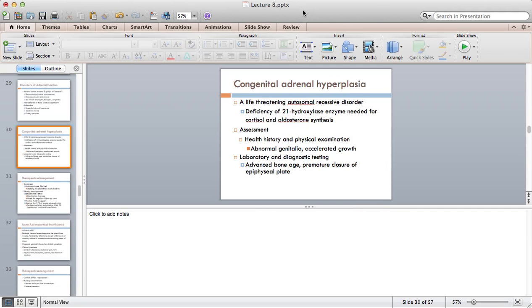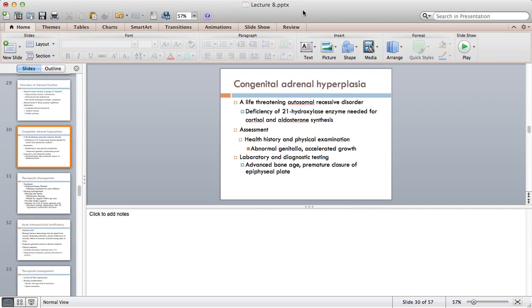The treatment, of course, would be to give hydrocortisone, which is lifelong for most of the children. And then again, we need to educate the patient.